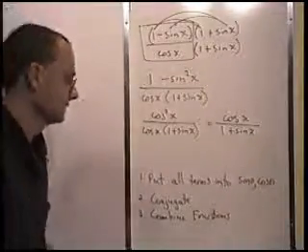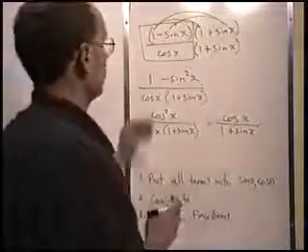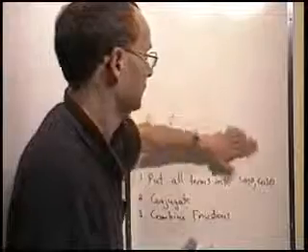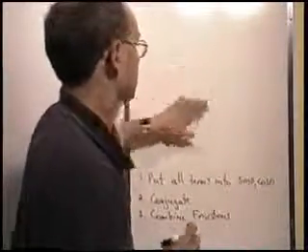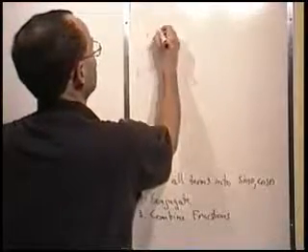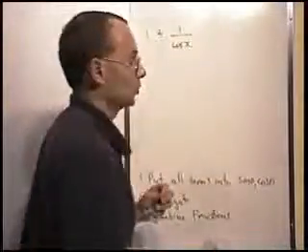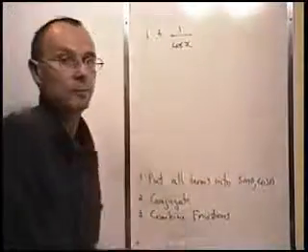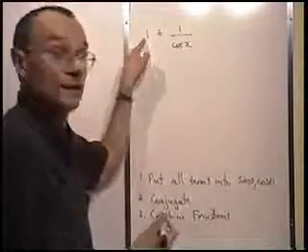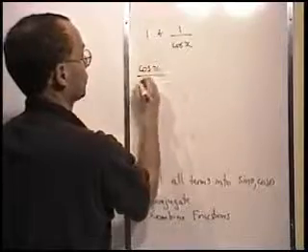Okay. Now what about this combined fractions business? Well, let me show you what that would mean. Sometimes you get some weird looking thing and you have to combine it into one fraction. So you might get something like this: 1 plus 1 over cos x. And you're going, well, if only I could combine these, maybe things could cancel and whatnot. So what you do is you take the number 1 and you write it as cos x over cos x.